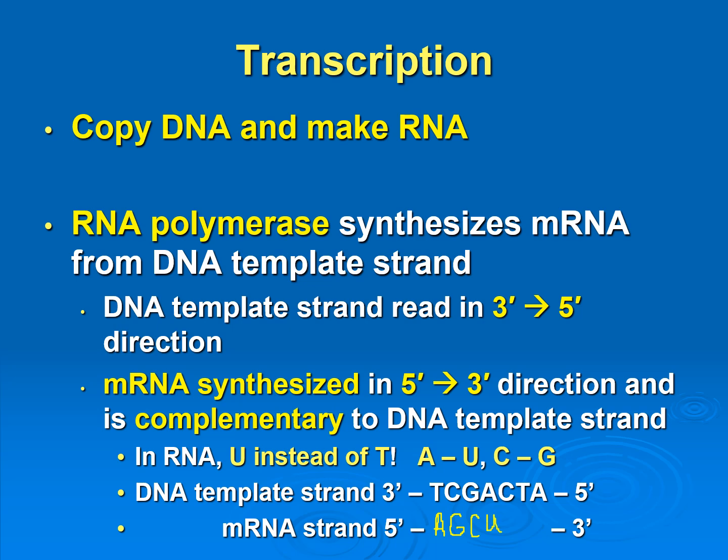So don't put a T there, put a U. And then if I have a C, I'd have a G. T's, I have an A. And then an A in the DNA, I'd end up with a U there. Okay. So that would be how you transcribe the messenger RNA from the DNA template strand.